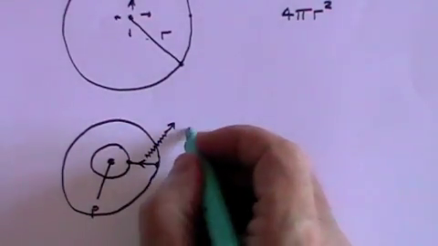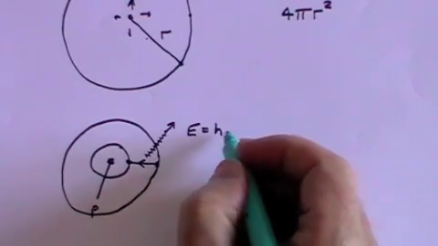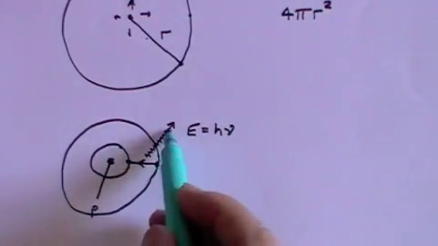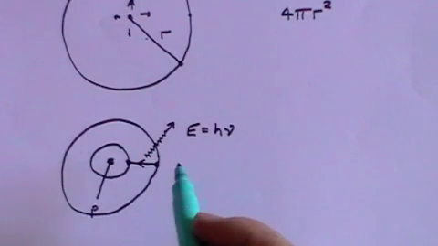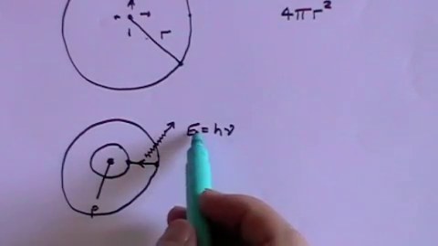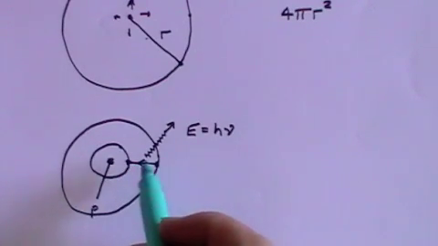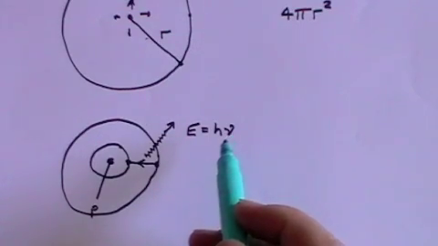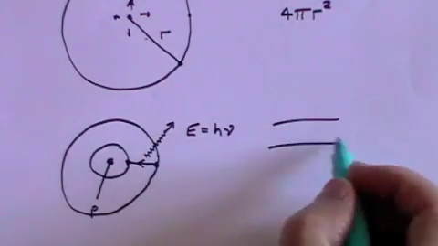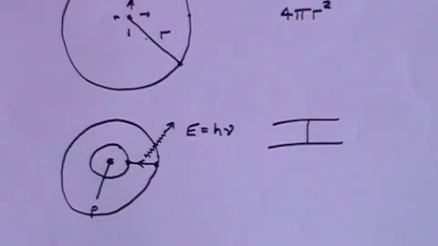The photon's energy will be given by Planck's constant times nu, where nu is the frequency of that photon. So an electron falling from that level to that level gives off a precise amount of energy, which is the energy difference between the two orbitals, and that energy converts into a precise frequency, which is why when you look at a piece of film, you will see a very precise spectral line.